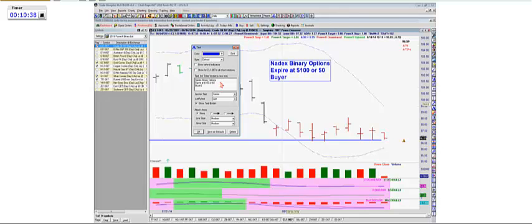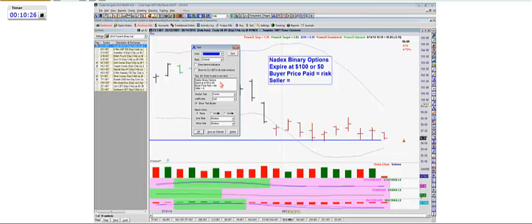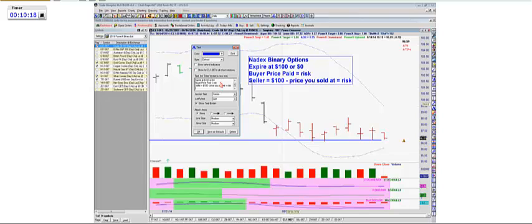Now as a buyer, the price you pay is your risk. As a seller, $100 minus the price you sold at is your risk.